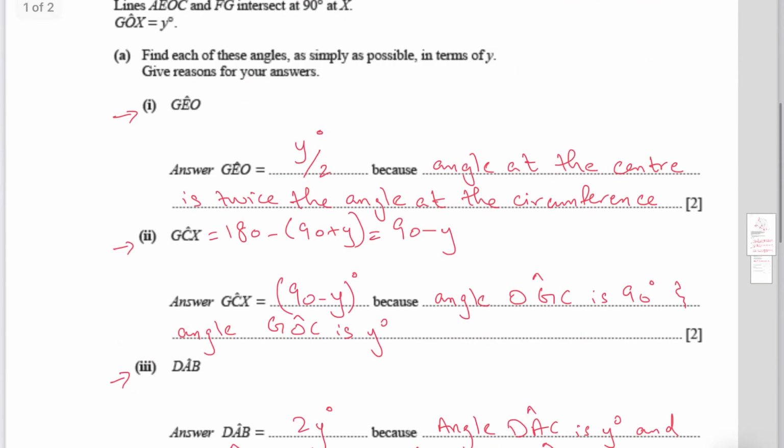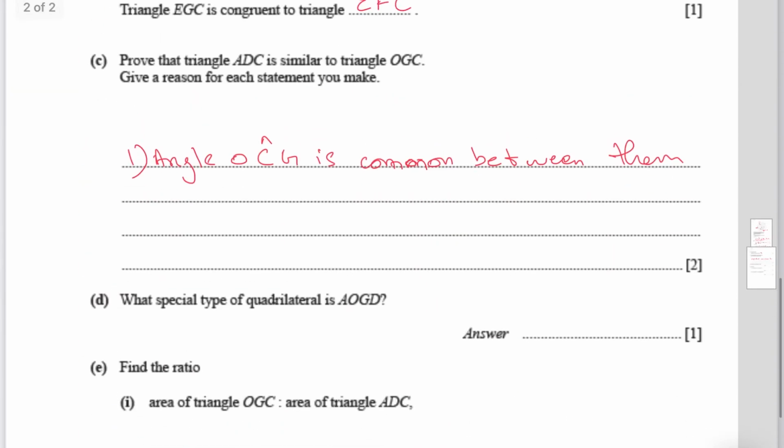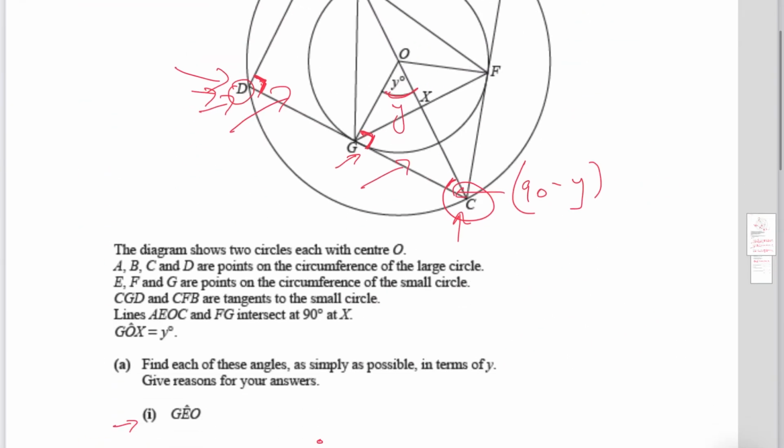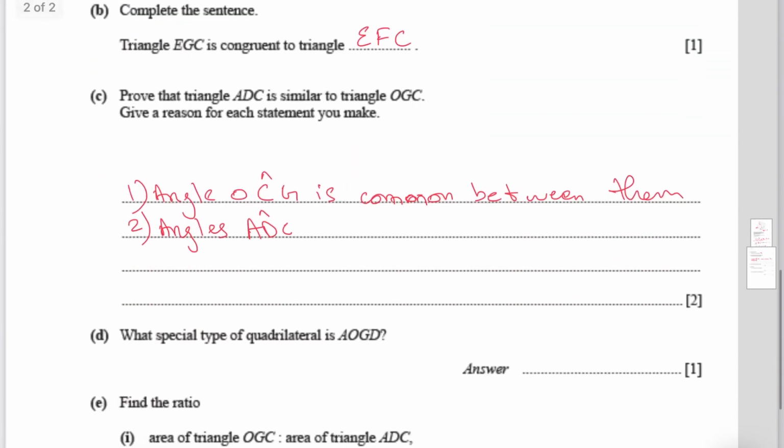The second statement that you can write is that angles ADC, the one that was 90 degrees, the bigger one, this one right here, is the same as angle OGC. So you write angle ADC and angle OGC are both 90 degrees.